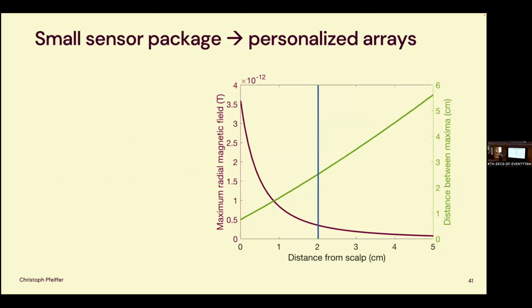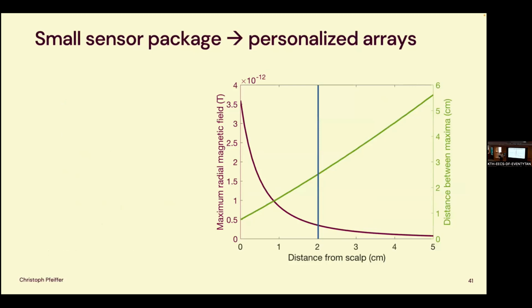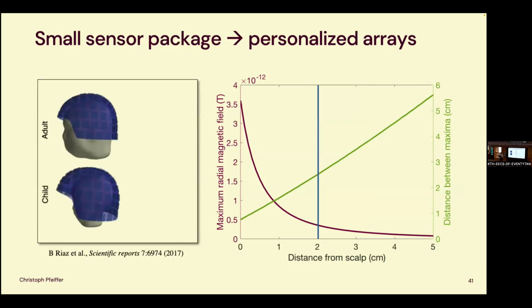The small sensor package has an additional benefit that I hinted at a little bit before. So if we have again this graph of distance and the field strength that we measure, right?